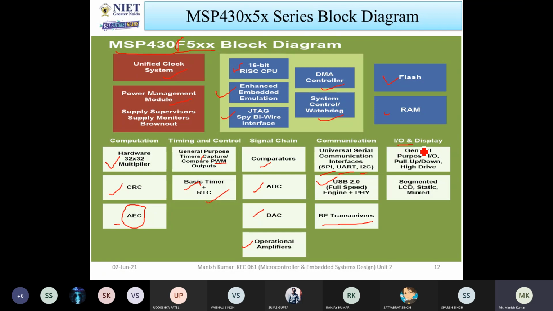If we are talking about input output and display, general purpose input output ports are available, pull up pull down facilities are available, and it also works as a high drive. Segmented LCD is also available, static mux is available. What is the meaning of that?